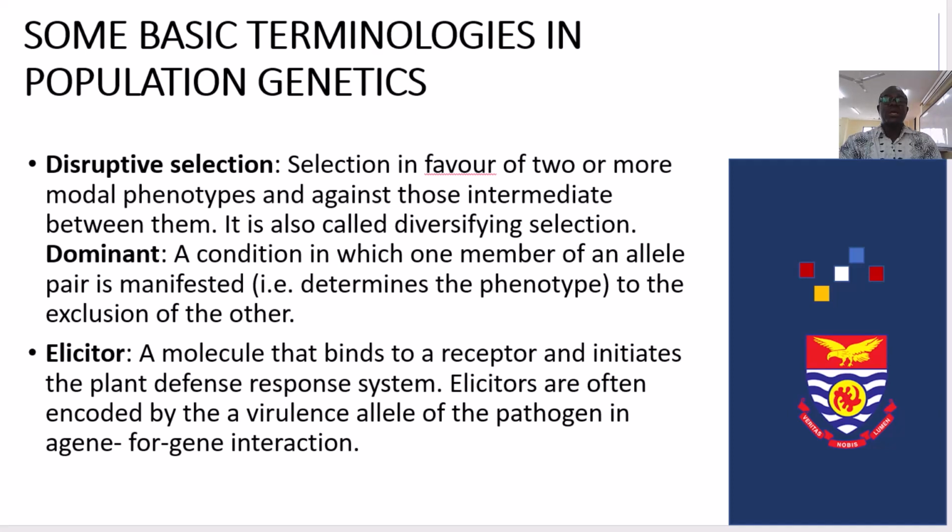It is also called diversifying selection. Dominant: a condition in which one member of an allele pair is manifested as it determines the phenotype to the exclusion of the other. Elicitor: a molecule that binds to a receptor and initiates the plant defense response system. Elicitors are often encoded by a virulence allele of the pathogen in a gene-for-gene interaction.